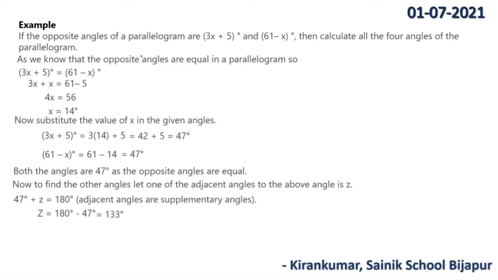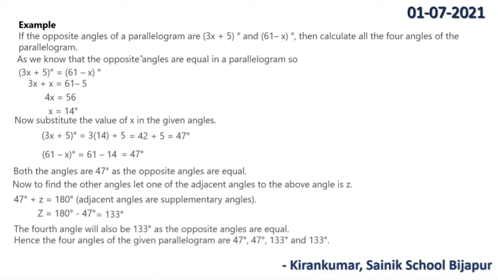The fourth angle will be 133 degrees, as the opposite angles are equal. Hence we have found all the 4 angles, which are 47, 47, 133 and 133 degrees. Isn't it very simple? Let's move on with some special types of parallelograms.